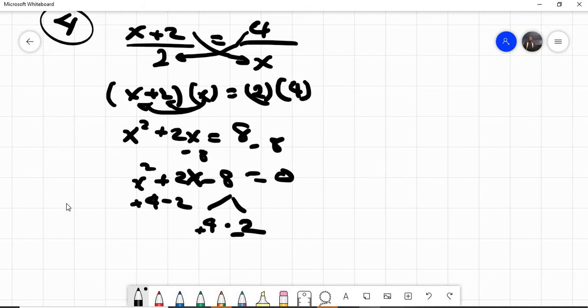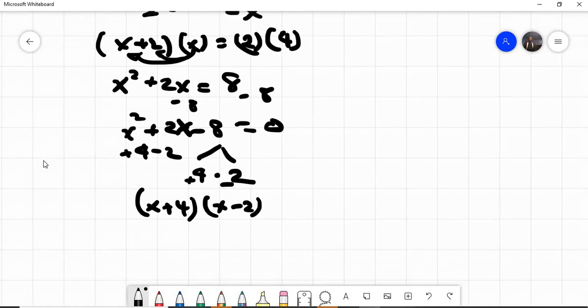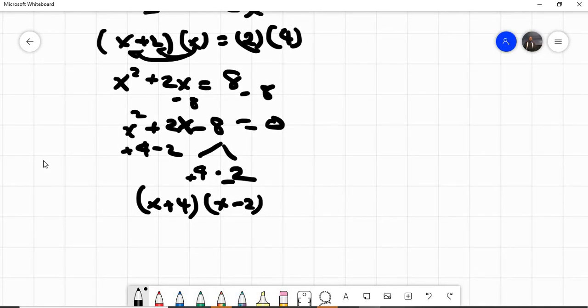So we write x plus 4 times x minus 2 equals 0, and x equals -4 or x equals 2.